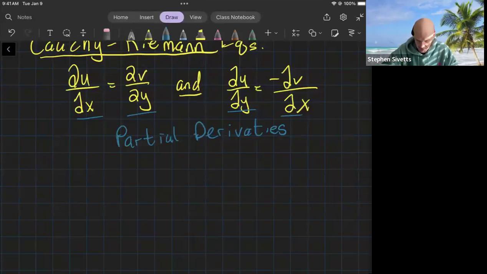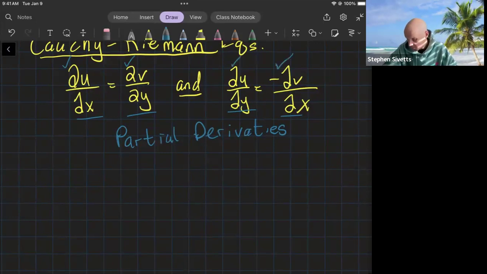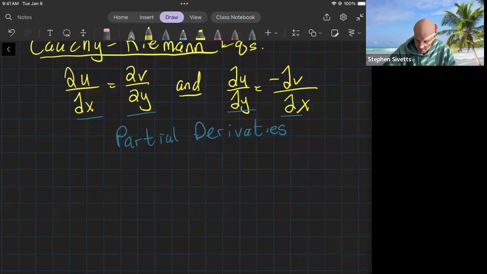So you're differentiating u with respect to x once. This is a partial. You take the first derivative of v with respect to y once. This is the first derivative with respect to y for u, and this here is just the first derivative of v with respect to x, excuse me. So those are partial derivatives.